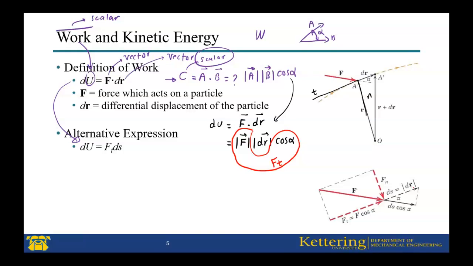Also, I showed you that dr has a magnitude that's called ds. The magnitude of dr is ds. So instead of this one, I can write ds. Now, this one is equal to Ft ds.